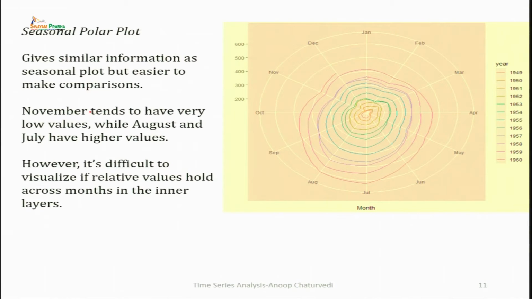Say November tends to have very low values. So, look at the graph corresponding to November, these November figures. These November figures tend to be very low, while August and July have higher values.